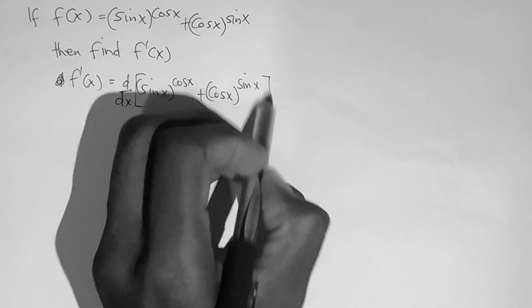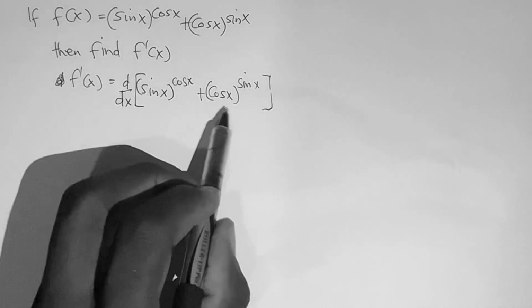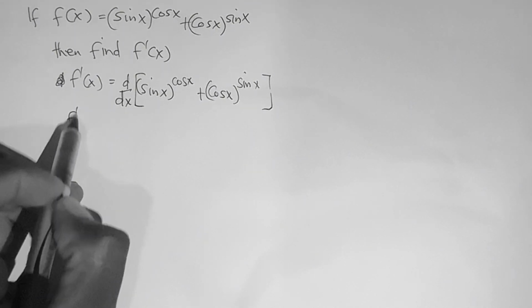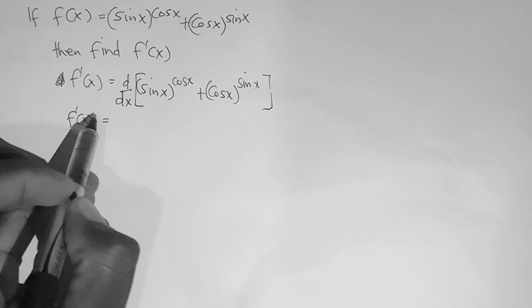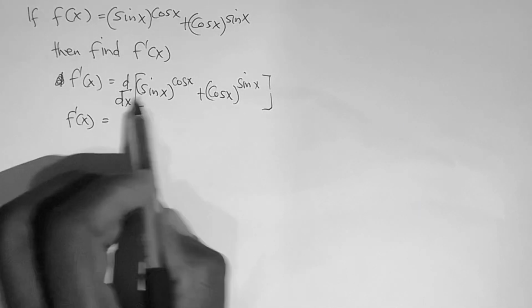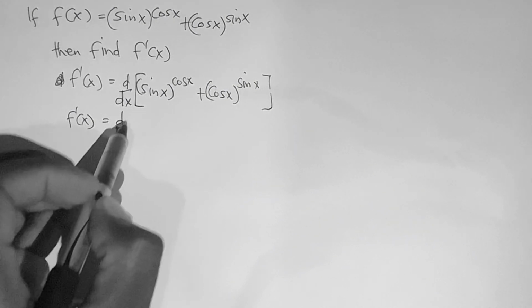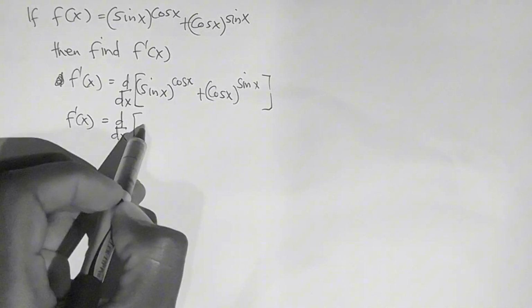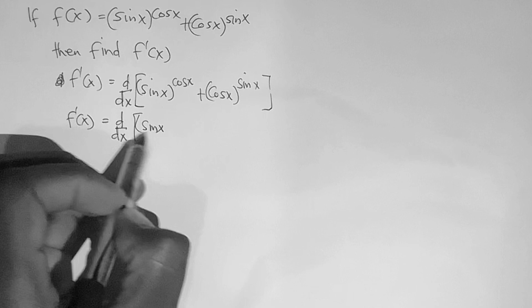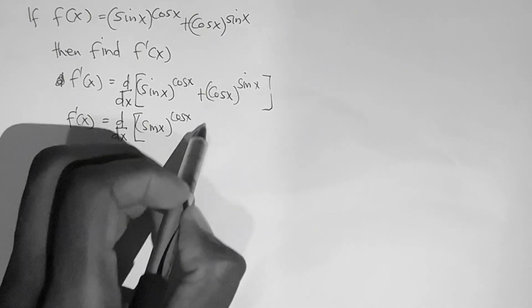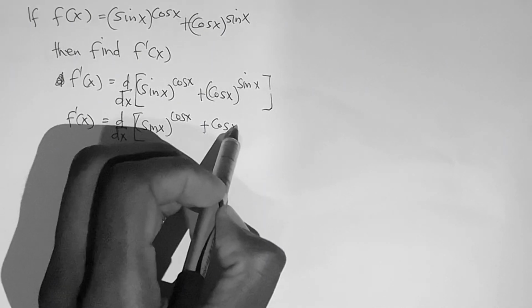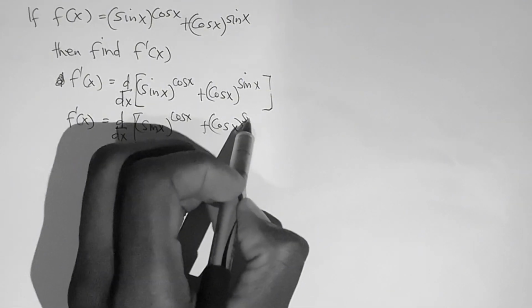Now, by using the principle of differentiation, in this case we can break this differential into 2, so it becomes d dx of sine x exponent cos x, then plus d dx of cos x exponent sine x.